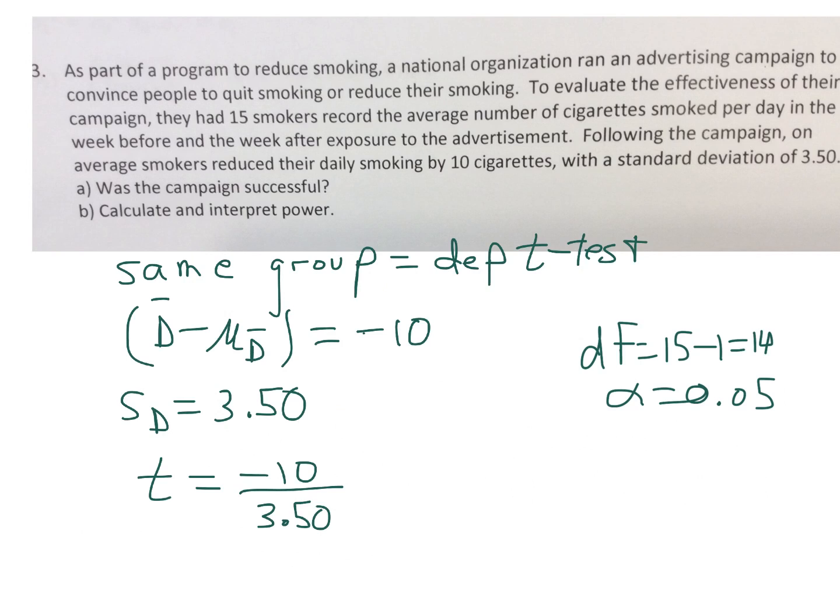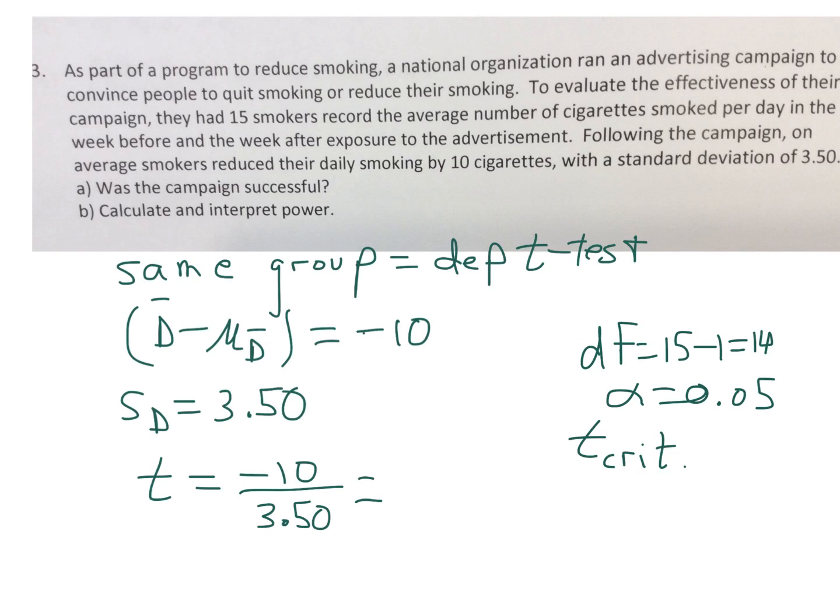So in order to determine if it's a successful campaign or not, we're going to get our t-value, compare it to our t-crit, and decide whether to accept or reject the null hypothesis, or as they say, reject or fail to reject the null hypothesis.